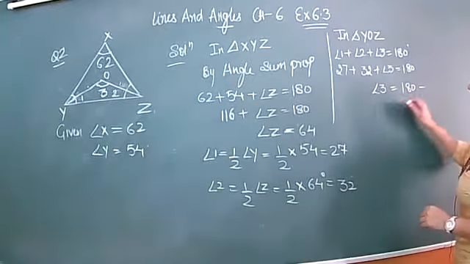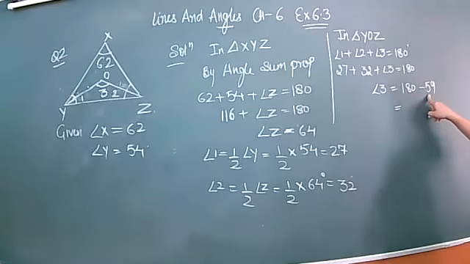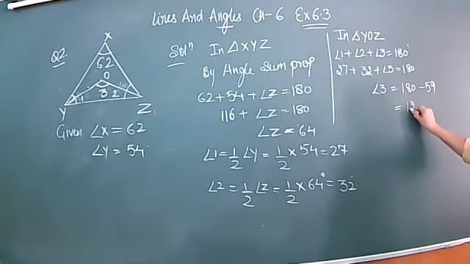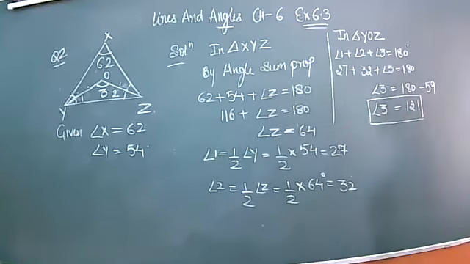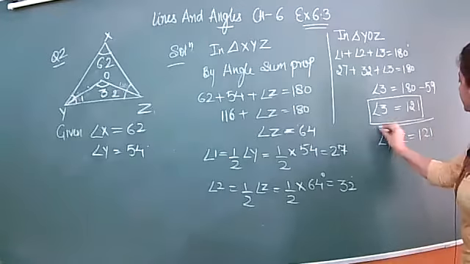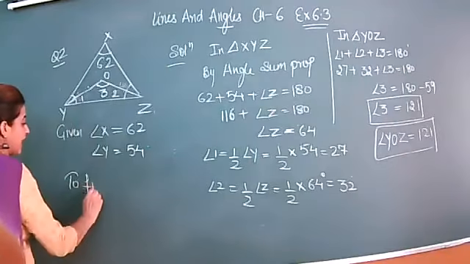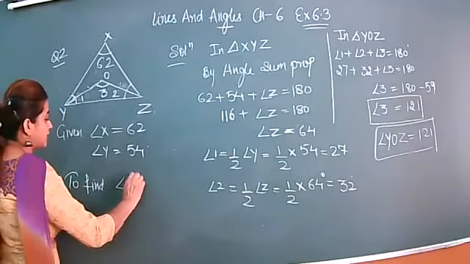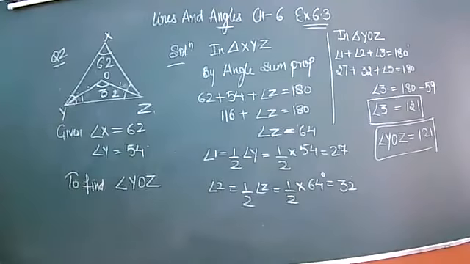When you subtract it, what you will get? 121. So angle 3 we have got as 121 degrees, and the name of angle 3 is YOZ, that is 121 degrees that we want to find. So that's what we have got as 121 degrees.